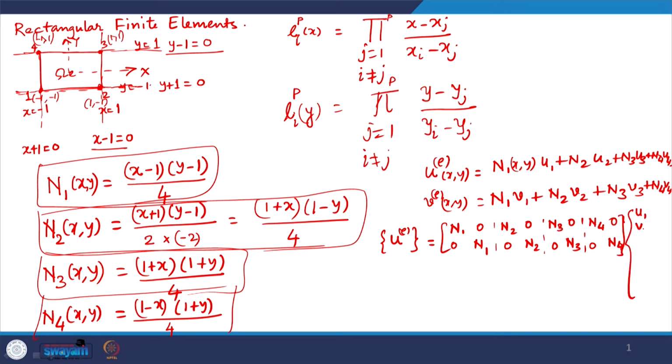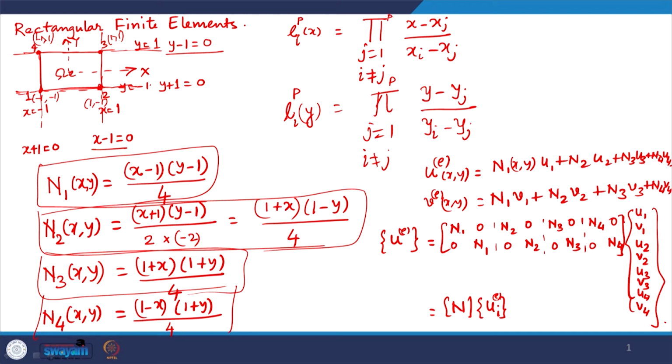U1 V1, U2 V2, U3 V3, U4 V4. So, essentially we can write this as N u. N is a matrix of shape functions.